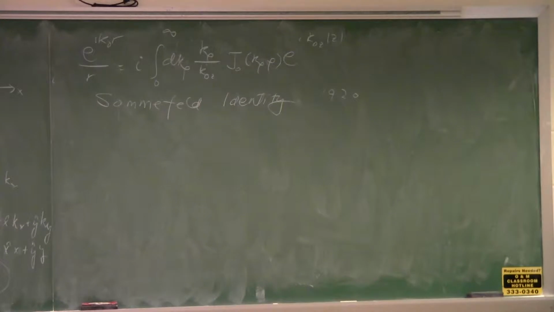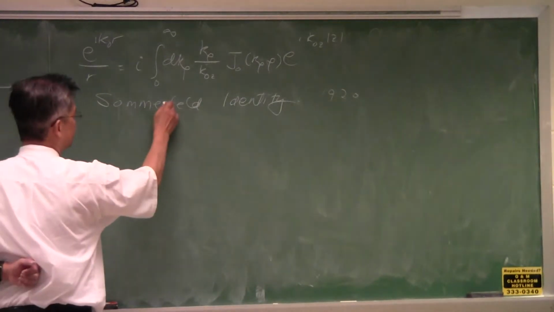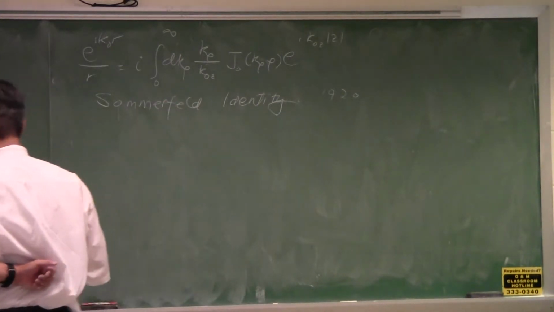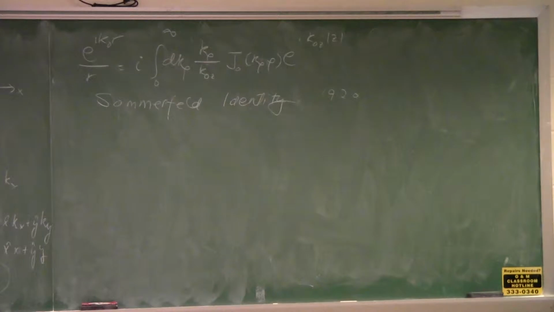But it's a very famous guy, Sommerfeld. He's a very famous guy because he had 4 or 5 PhD students who won Nobel Prizes, but he himself did not. So he's a wonderful guy in that sense.